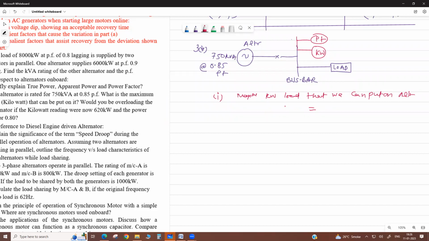So this kilowatt load equals kVA rating into rated power factor, 750 into 0.85, which is 637.5 kilowatt.